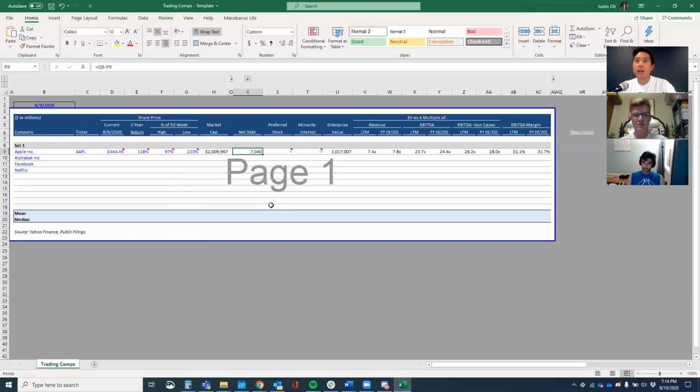So if you wanted to, tomorrow you could use that cash to pay down the debt, and that's your net debt, not gross debt. And then there are other things that go into enterprise value. So it's preferred stock. That means another class of stock that's above the common stock. And then minority interest, also called non-controlling interest.